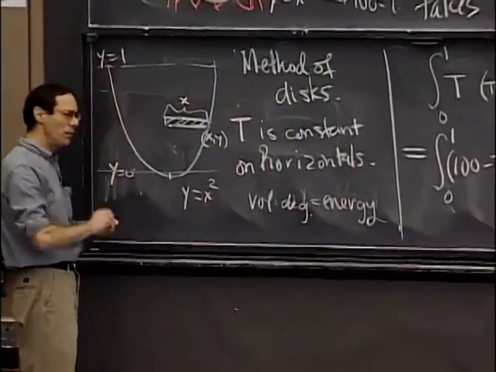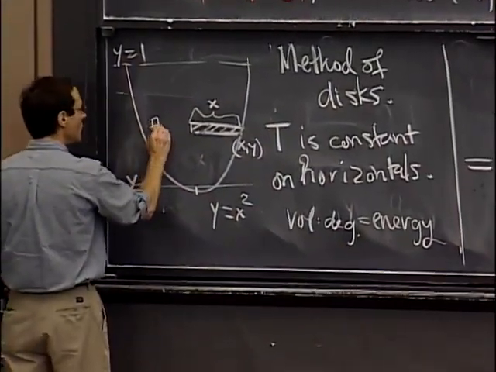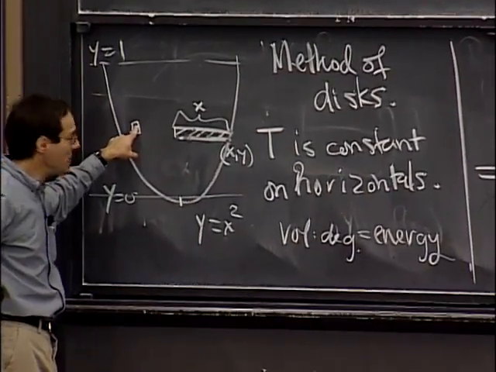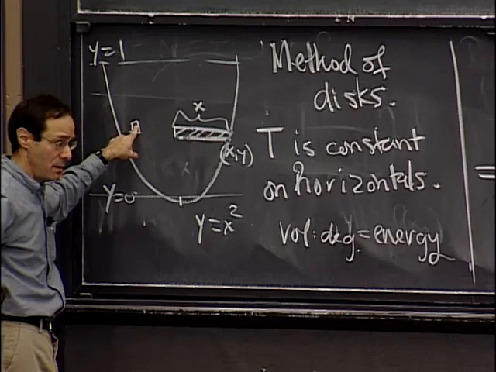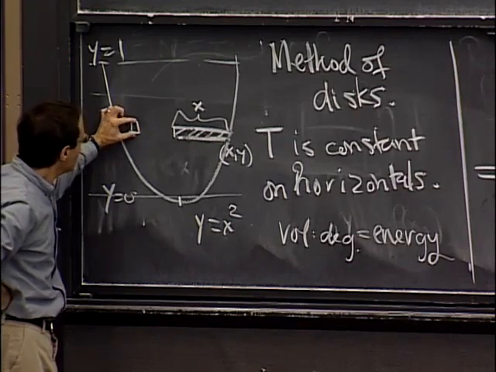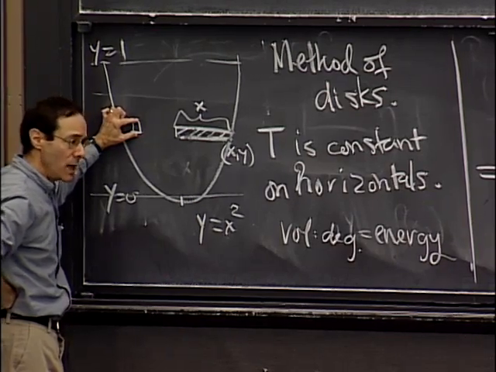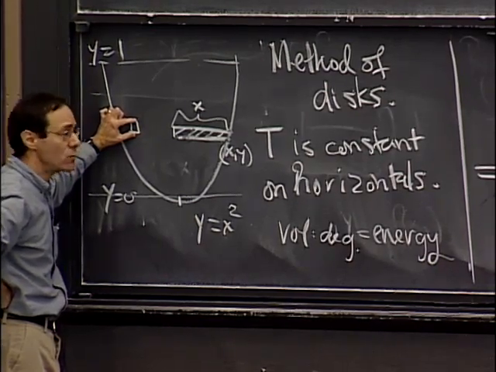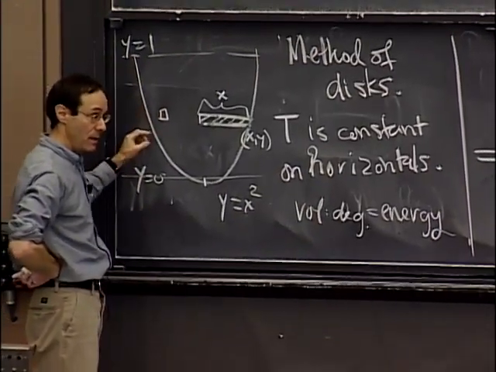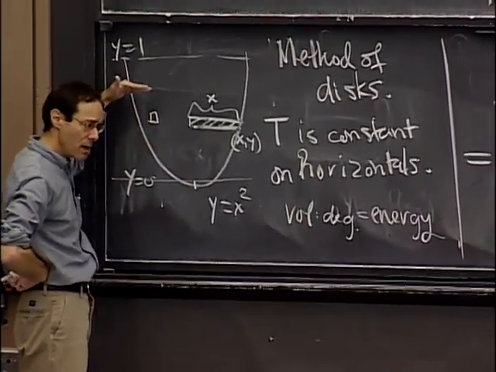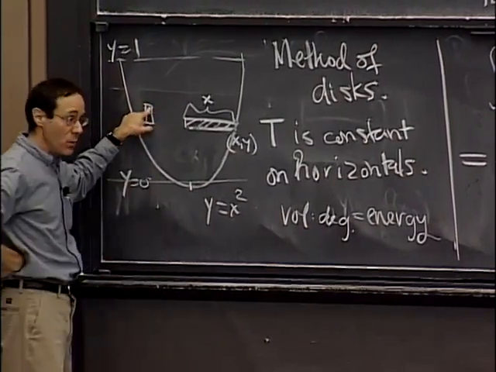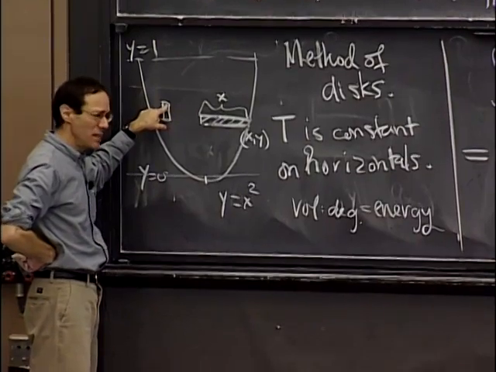You have to imagine you've got a little chunk of water in here, and you're going to raise it from 0 degrees all the way up to whatever the target temperature is. So that little milliliter of water has to be raised from 0 to some number which is a function of the height. It's something between 70 and 100 degrees.